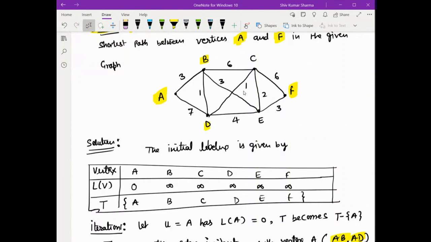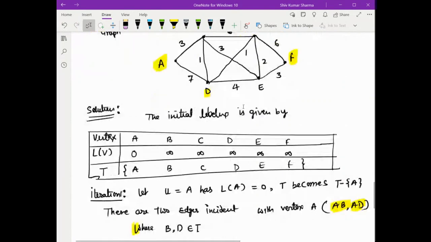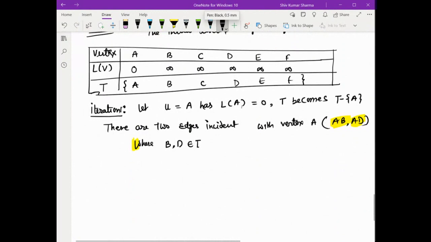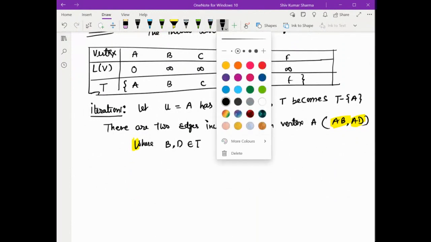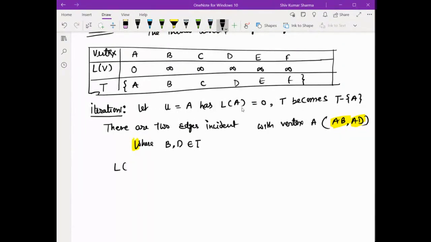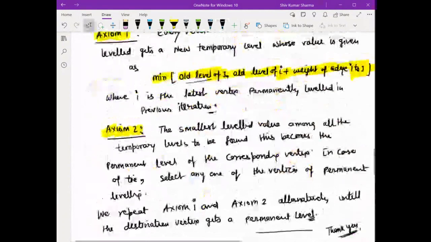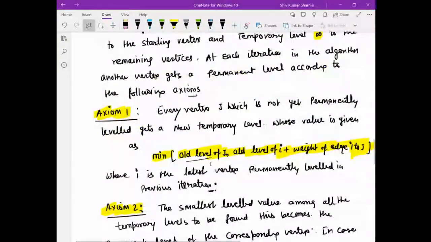So for finding the leveling of vertex B and vertex D, first we write the leveling of vertex B. How to write the leveling of vertex B? We use the formula: minimum of old level of J. J means next vertex. We are talking about Ij. I is the initial vertex, J is the next vertex.